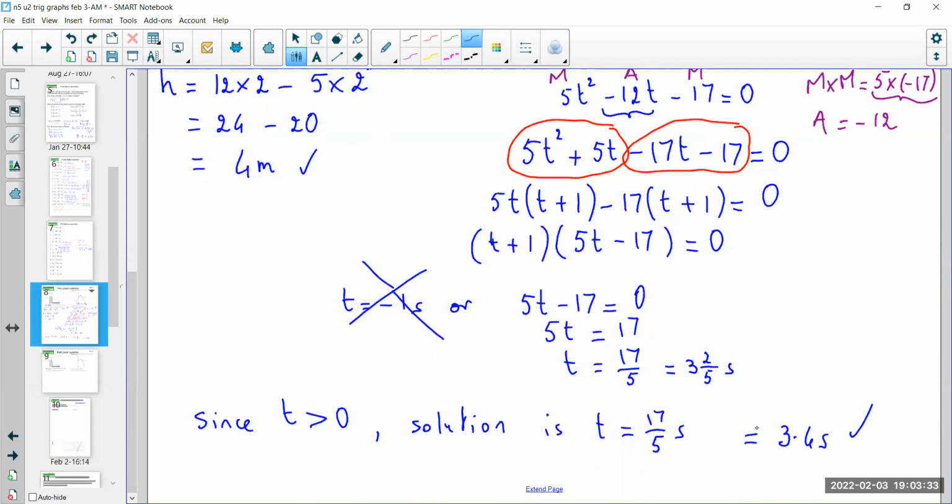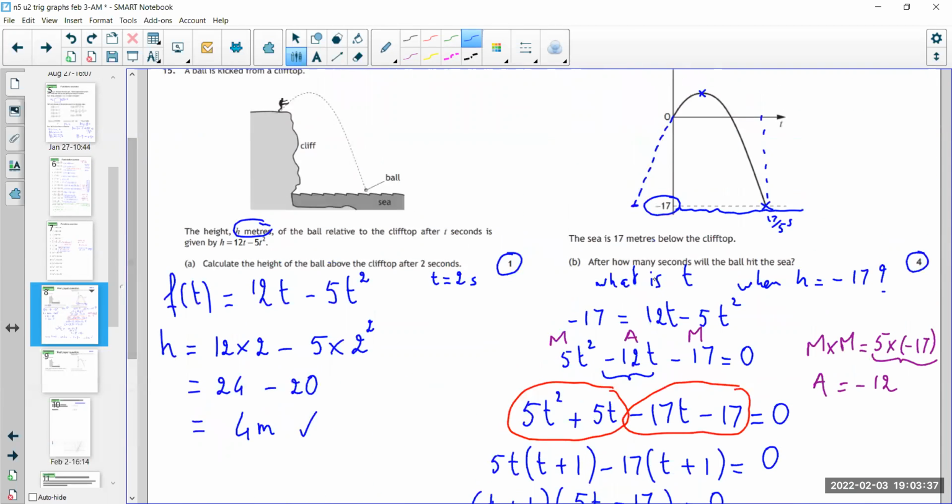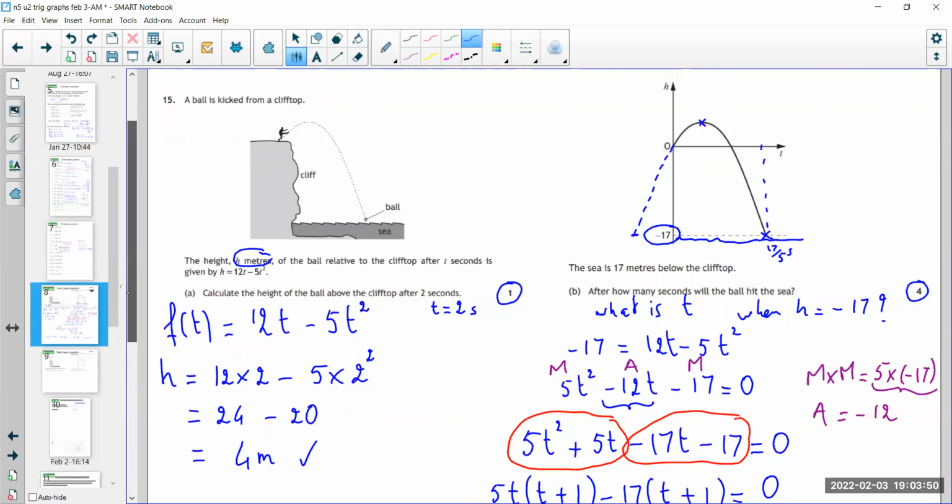So any question on this, guys? What was the difficult part? I would say probably to understand what you've been asked to do, yeah? So to be fair, what is t when h equals negative 17? I've seen people putting positive, but that's what they ask you. So 5 marks.